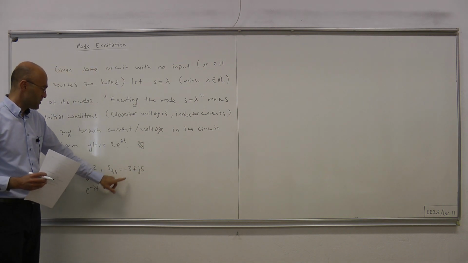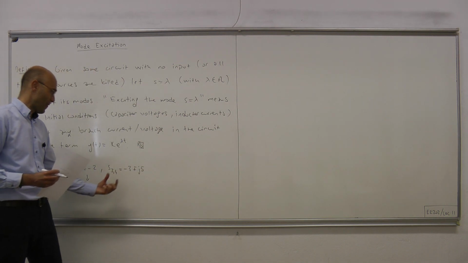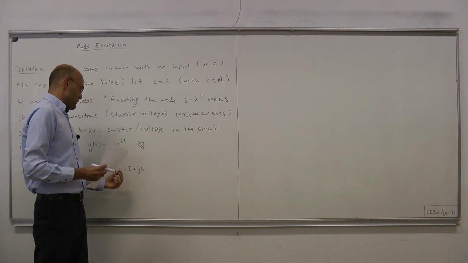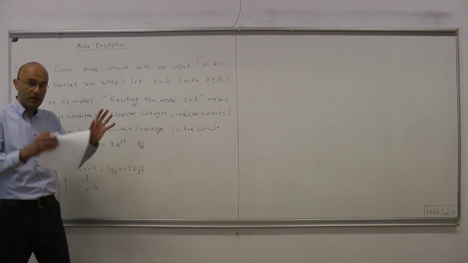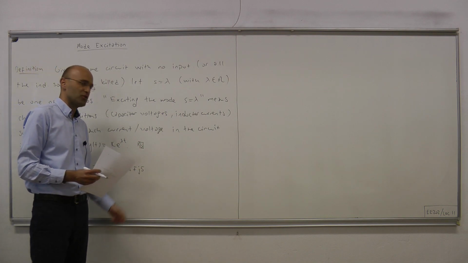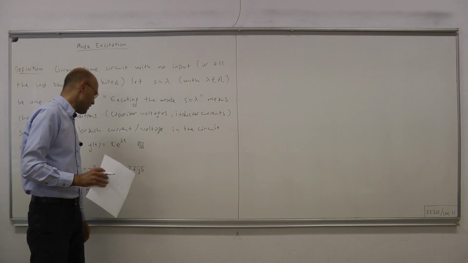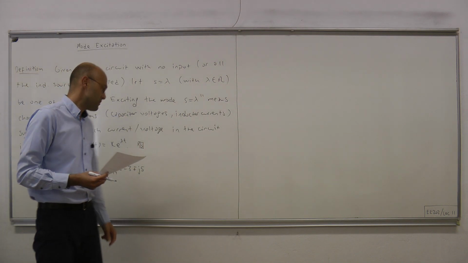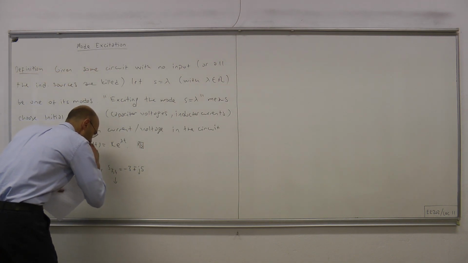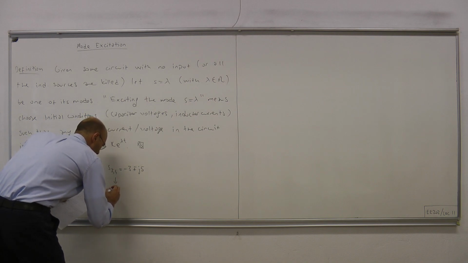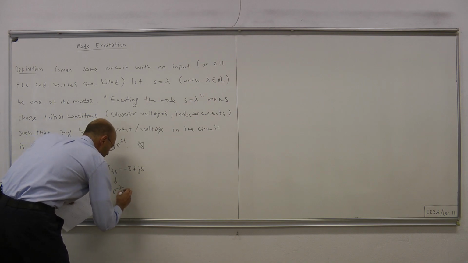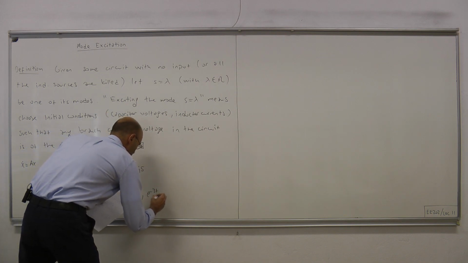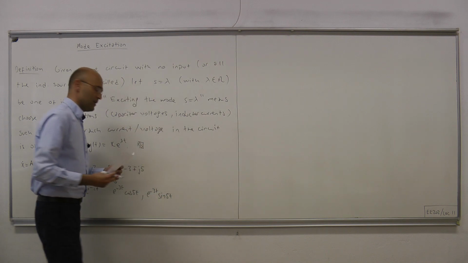And this pair will produce e to the minus 3 plus j5 t, and e to the minus 3 minus j5 t. They can be written as linear combinations of cosines and sines. In other words, these will yield e to the minus 3t cosine 5t and e to the minus 3t sine 5t.